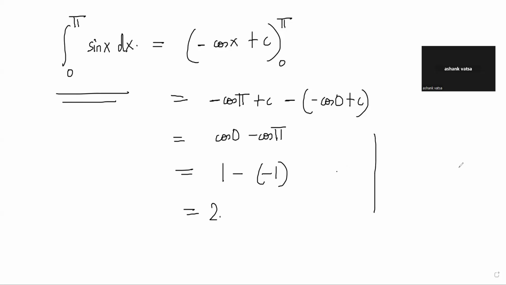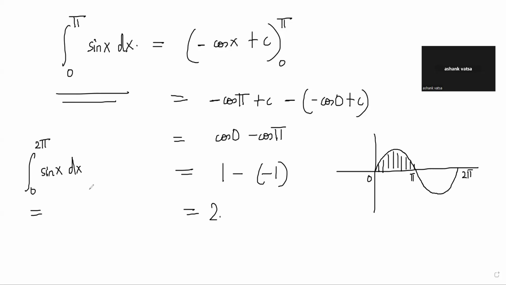I thought pi was 90. If you look at the graph of the sine function, from 0 to pi it is always positive, and then from pi to 2 pi it is negative. So this is the area under the curve that we are trying to find, right? If you calculate the same thing from 0 to 2 pi, for example, sin x dx, you will realize that it will come out to be 0.